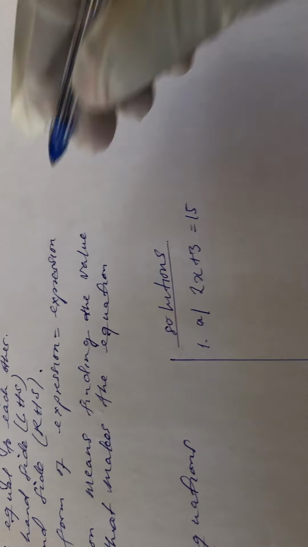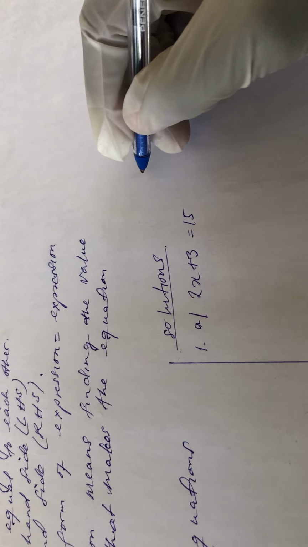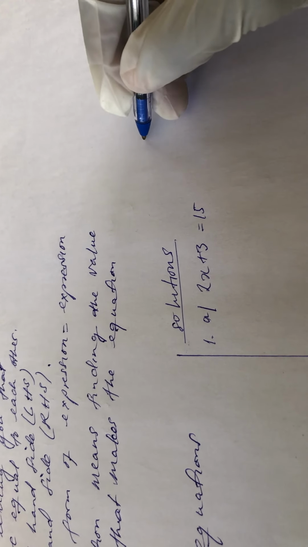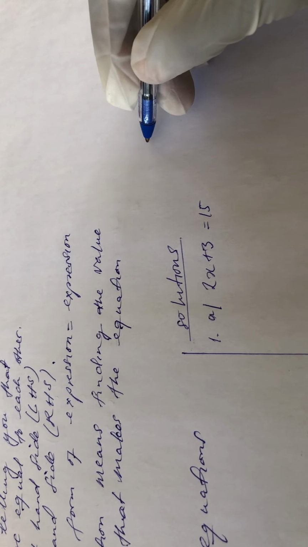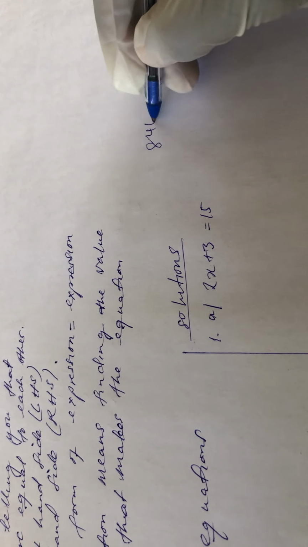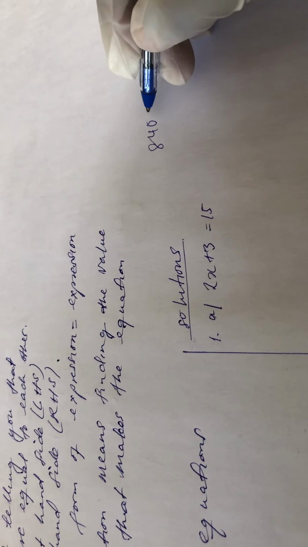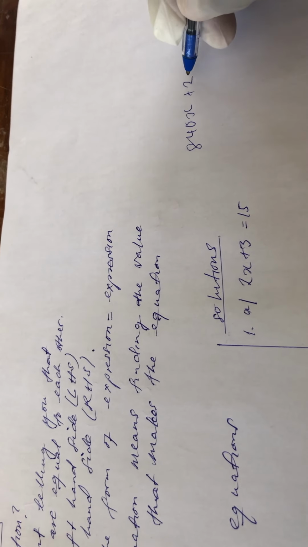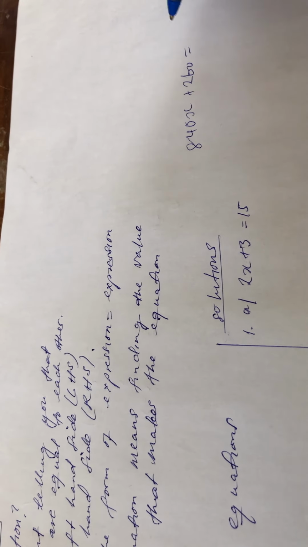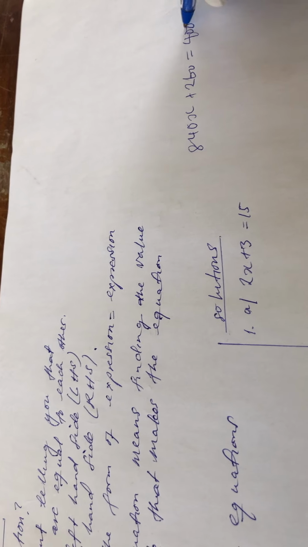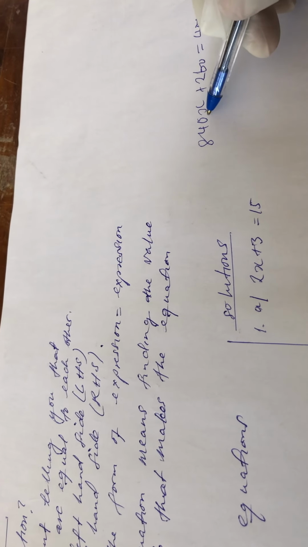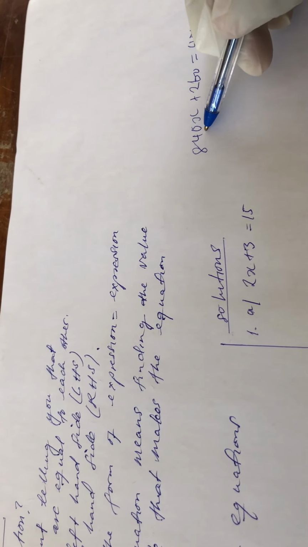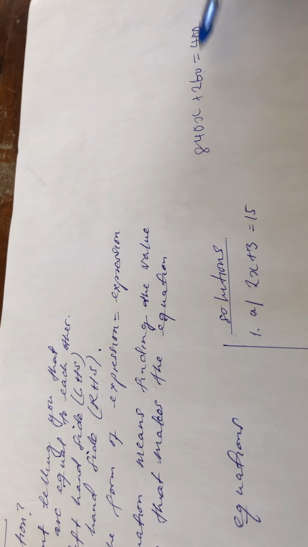But then sometimes the problem comes when you are given some other problem where you have, say, maybe 840 times a certain number plus 260. The answer is 400. Okay, now what number do you multiply with 840 so that if you add 260 you get 400?